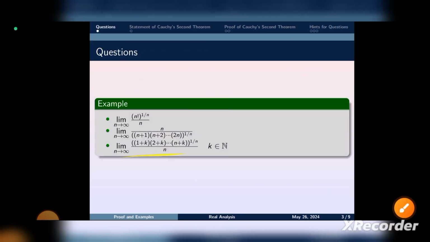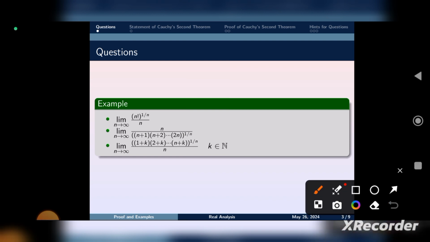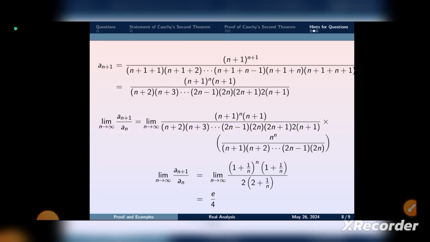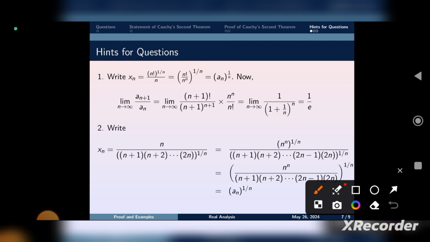Similarly, the second question is n by the n-th root of n plus 1 into n plus 2 up to 2n. The same trick as we used in the first question we will use here. We can write n as n raised to power n into 1 by n. Again we can write xn as an raised to power 1 by n.